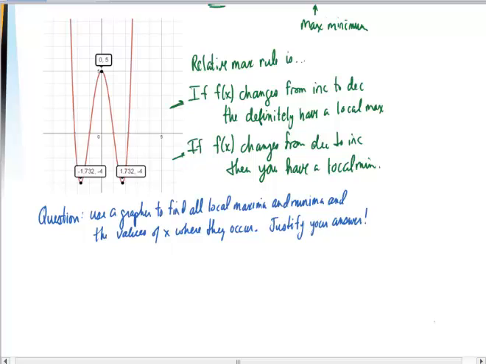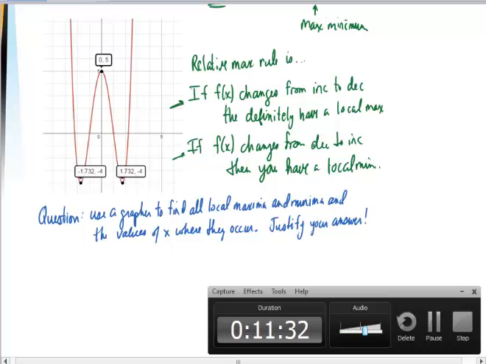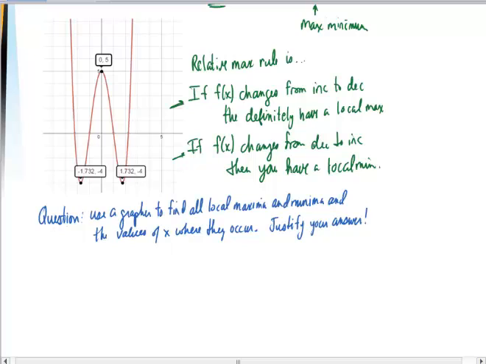So I've written out a question, a typical question they ask in the book. Use a grapher to find all local maximum and minimum values of f of x and where they occur. Justify your answer. So we have the graph plotted. That's what will be given to you. The first thing I would say is, I have a relative min.